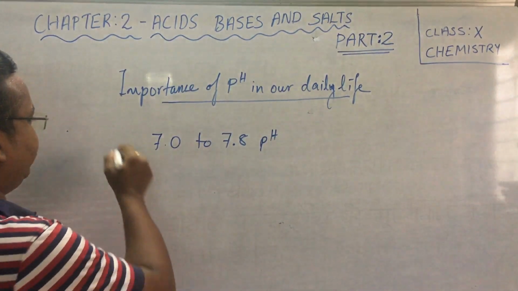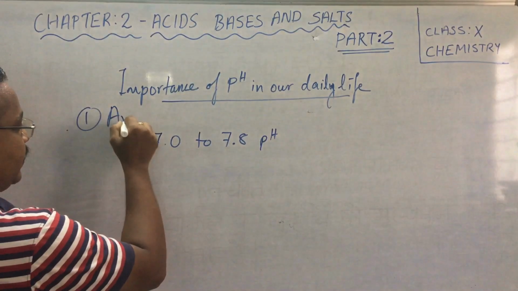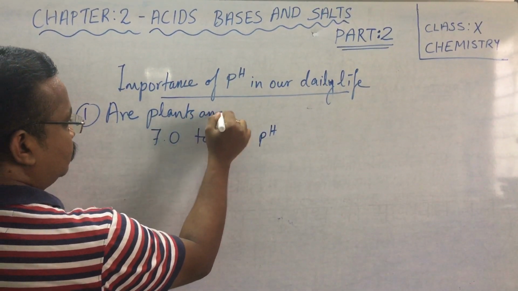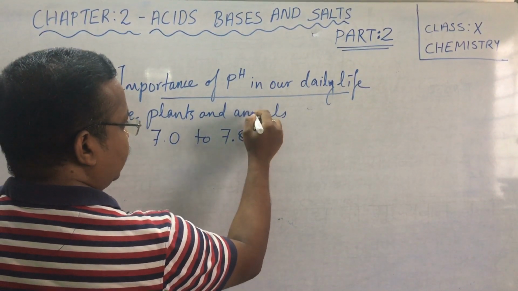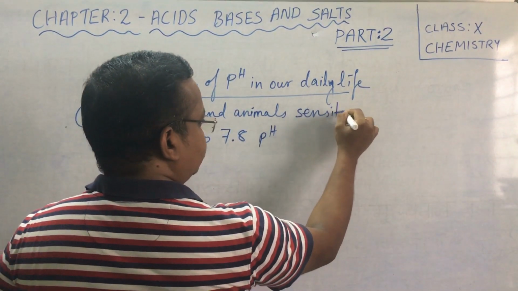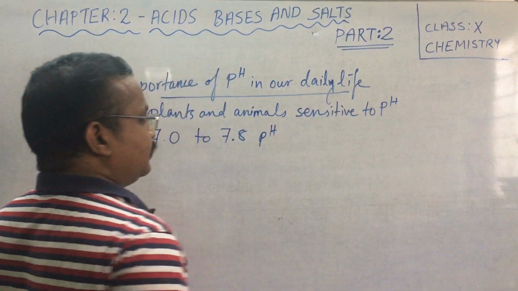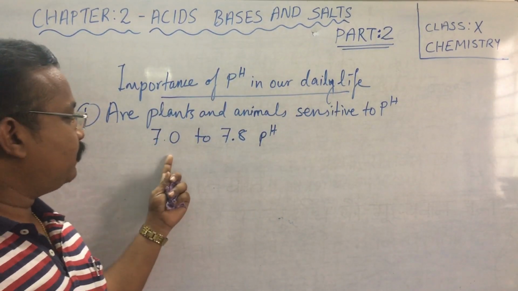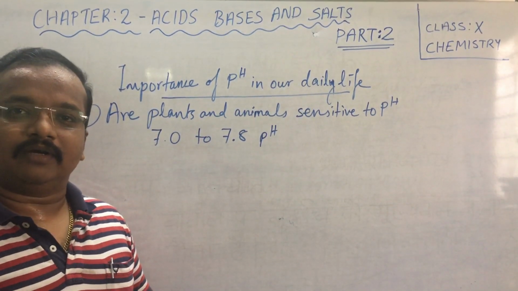So the first one we are discussing here is: are plants and animals sensitive to pH ranges? Our body itself, when we consider 7.0 to 7.8 pH only, we can survive.